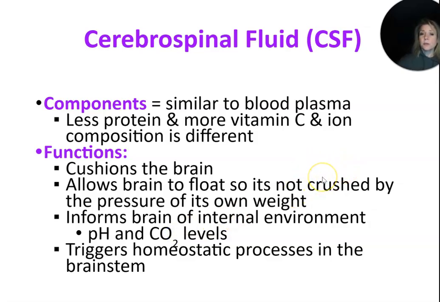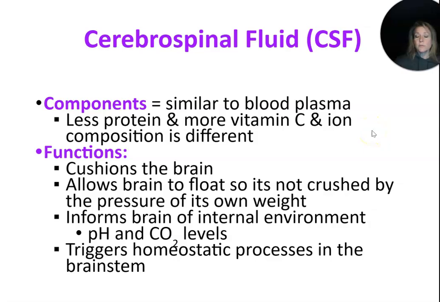Okay, so cerebrospinal fluid is very similar to the plasma, the liquid part of our blood. It's going to have less protein and more vitamin C than our plasma, so the composition is a little bit different, but it's going to function to cushion the brain. It allows the brain to float so that gravity doesn't pull it down towards the base of the skull and cause it to squish itself under its own weight.